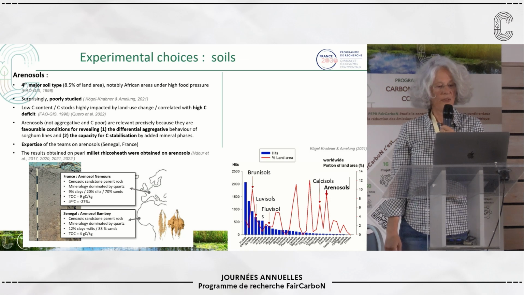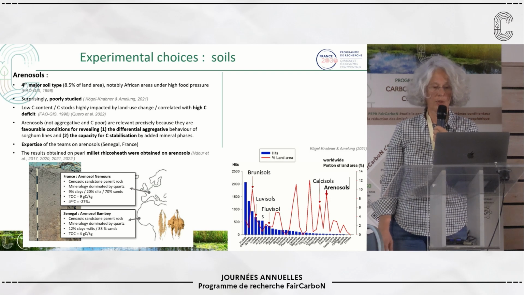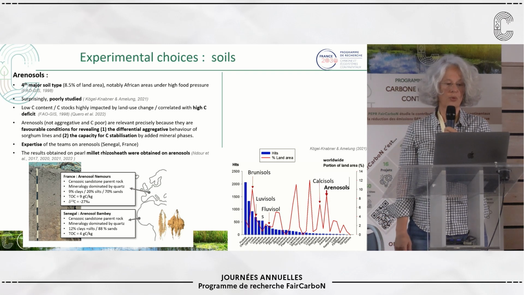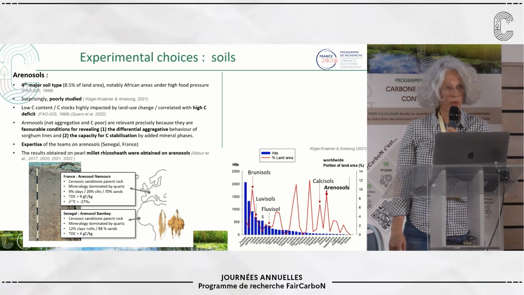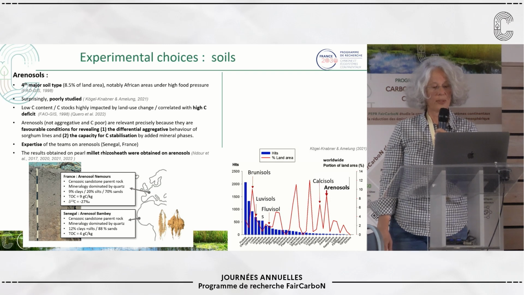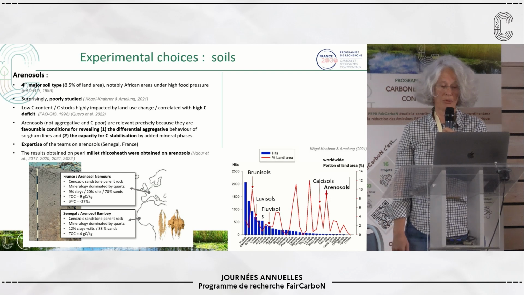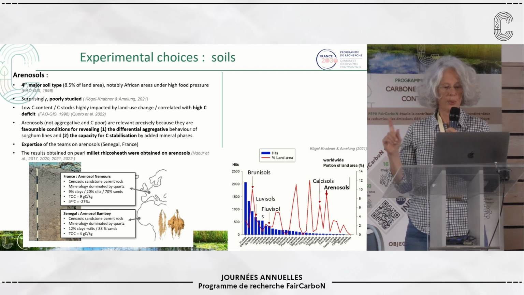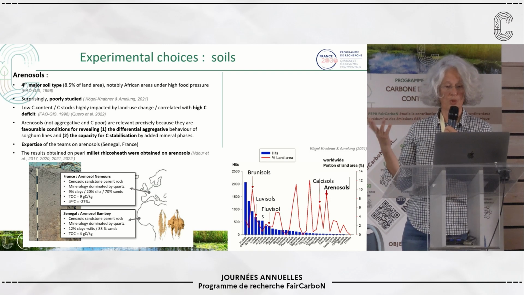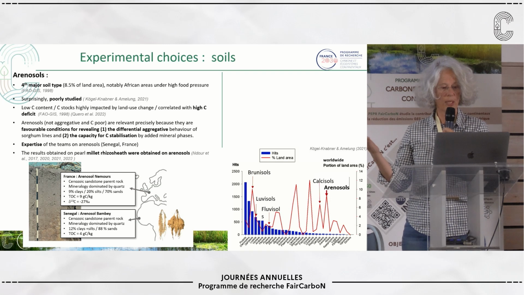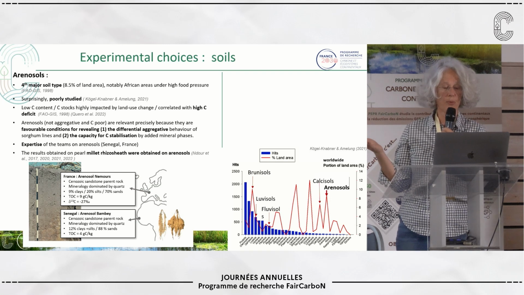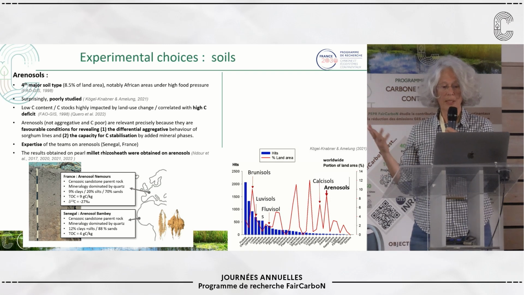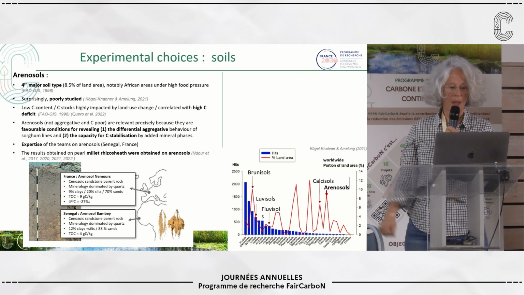They typically have low carbon content and their carbon stocks are highly susceptible to land use impacts. Moreover, arenosols are characterized as poorly aggregating soils. Therefore, for this project, they provide a relevant substrate for easily demonstrating differences in aggregation and carbon concentration properties, similar to what has been observed for pearl millet.